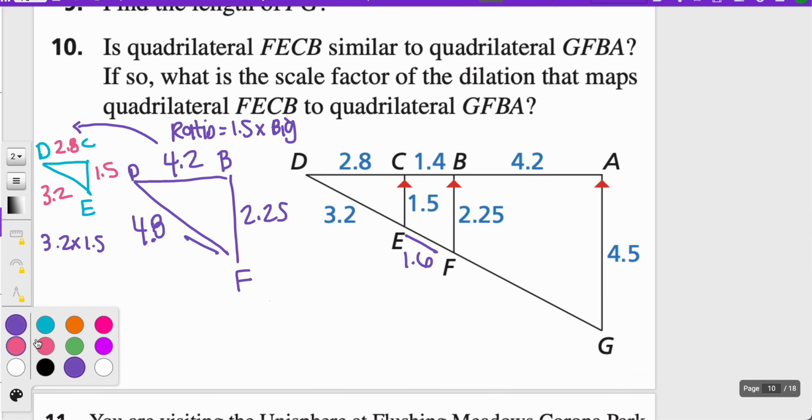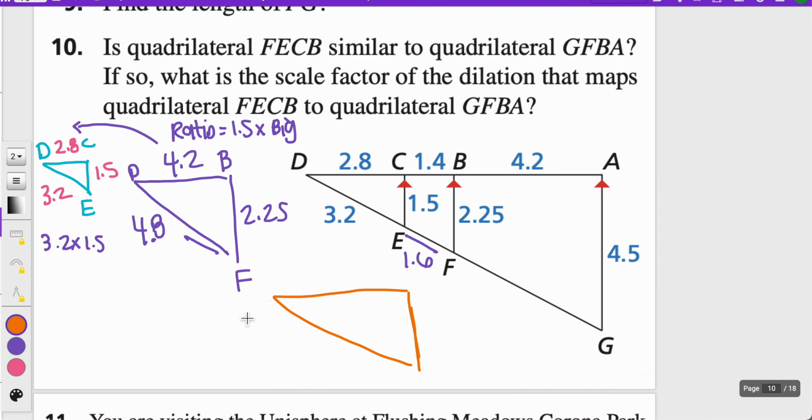So then I was like, okay, then I could do that for FG. So FG is a part of the large triangle. So the large triangle, not drawn to scale, is DAG. And I have 4.5. And then all of these put together, so 2.8, 1.4, and 4.2, I get 8.4 for this long piece.